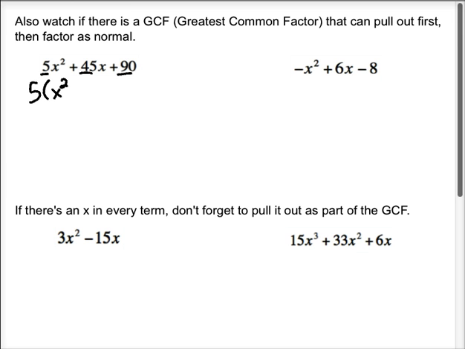Okay, so that's going to leave me x squared plus 9x, and then 90 divided by 5 leaves me 18. So I pull that 5 out, and now I'm going to factor what's left. I'm going to factor now the remainder of what's inside that parenthesis.